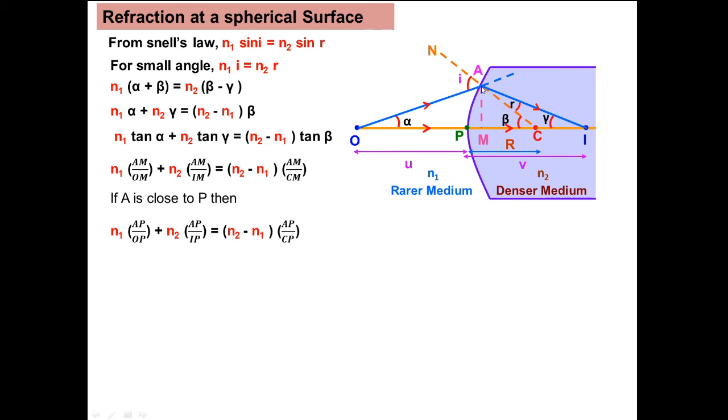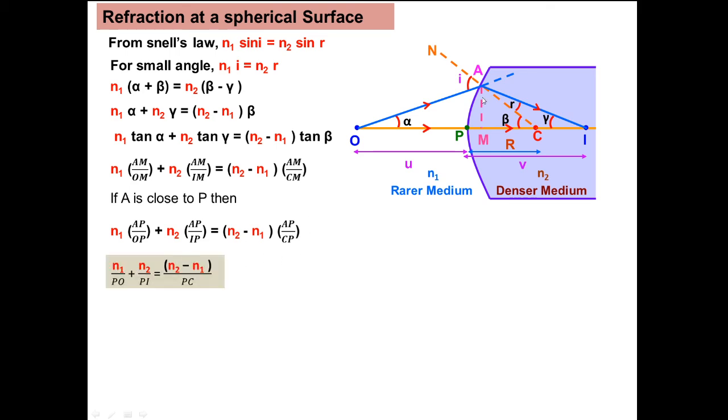When A is very close to P, then M will be very, very close to P. So by approximation we can say M coincides with P. So we can write N1 by OP plus N2 into AP by IP equal to (N2 minus N1) AP by CP.